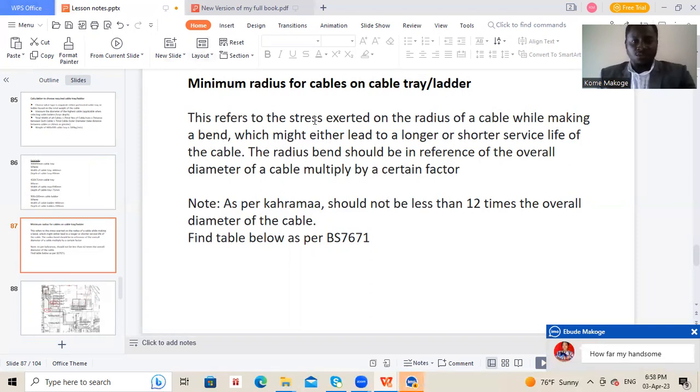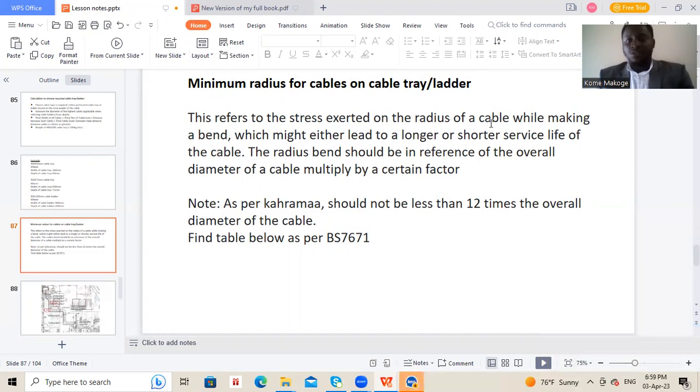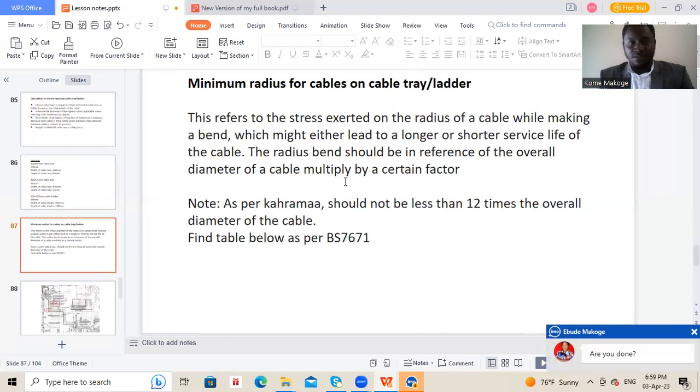This refers to the stress exerted on the cable while making a bend, which might lead to a longer or shorter service life of the cable. The bend radius should be in reference to the overall diameter of the cable multiplied by a certain factor.